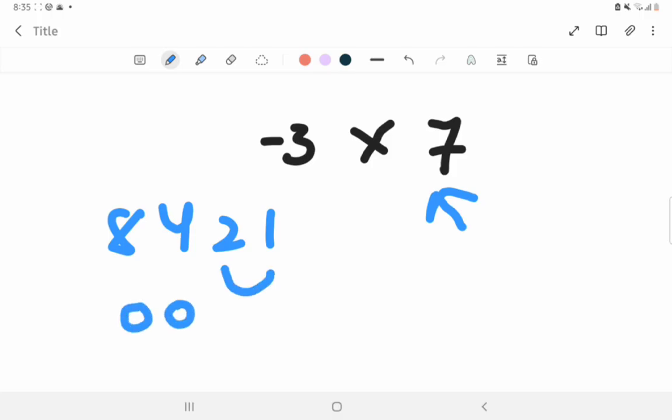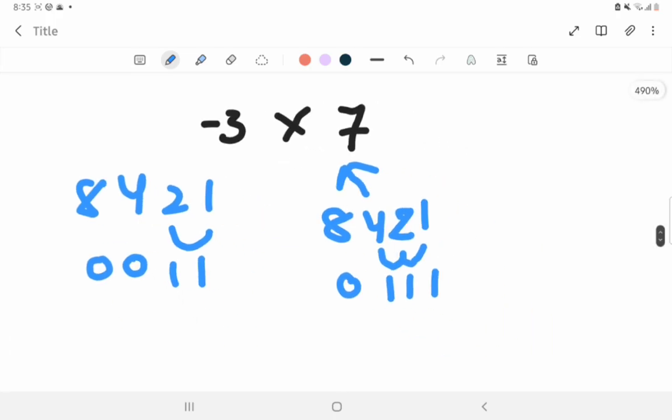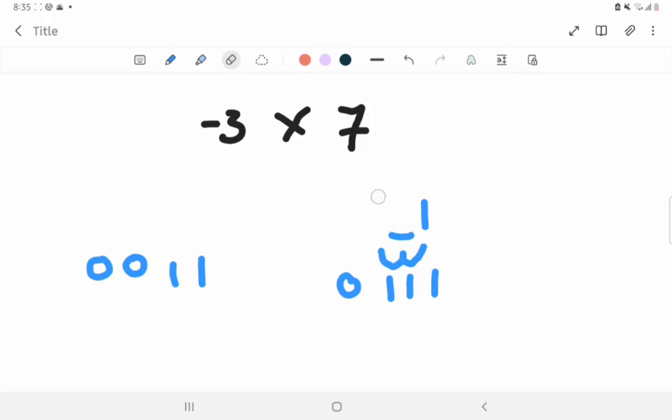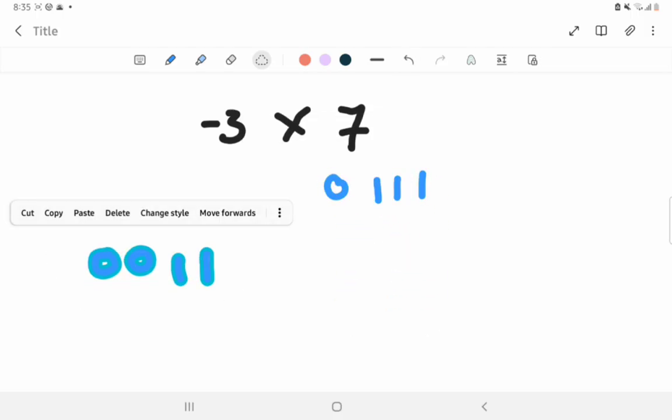So 0, 0, 1, 1. Which ones sum to 7? 4, 2 and 1, right? So 0, 1, 1, 1. Now that's the binary number of 7, and 3.